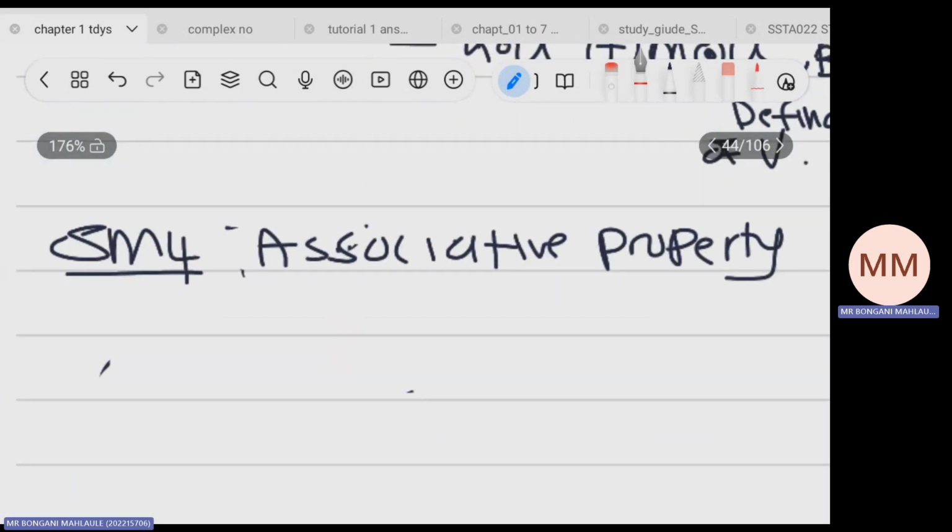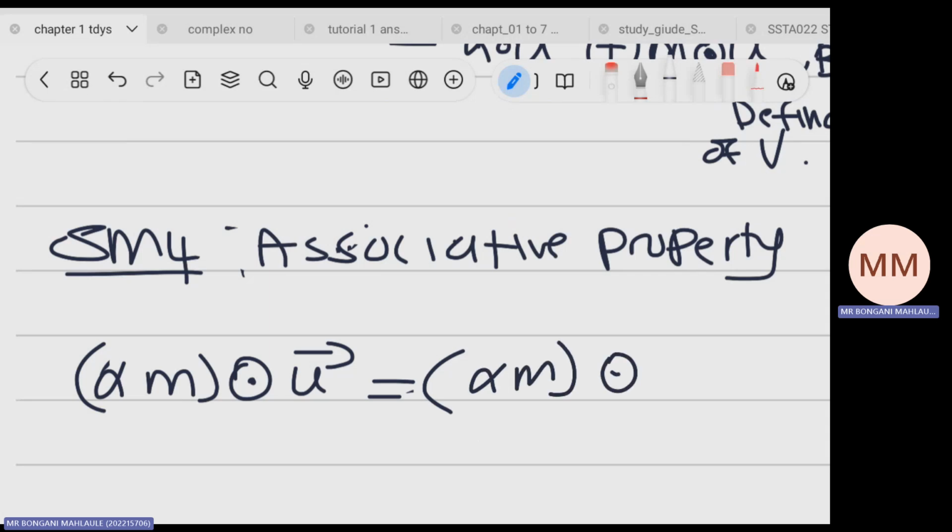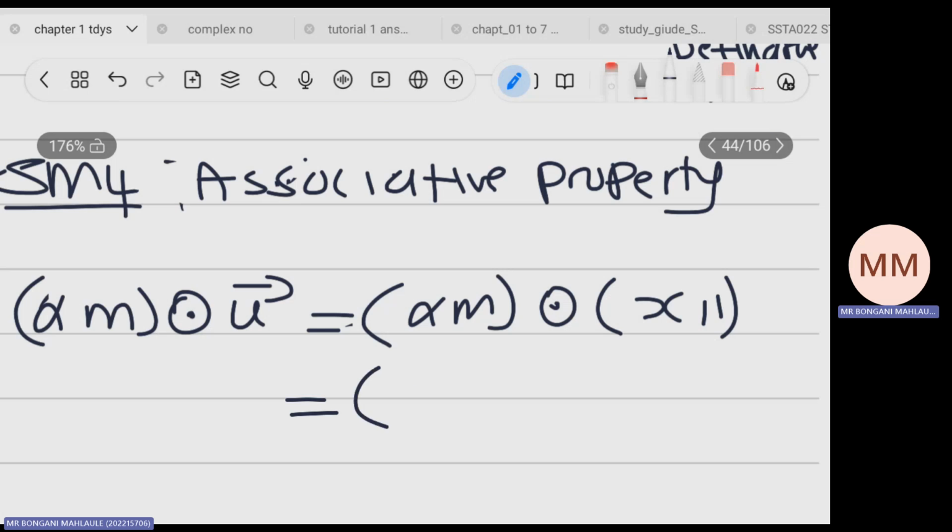And then here on SM4 we'll be multiplying two scalars, alpha m. We're going to be multiplying it with a vector, and this will be alpha m. This is x1, and this will be the same as alpha m x.